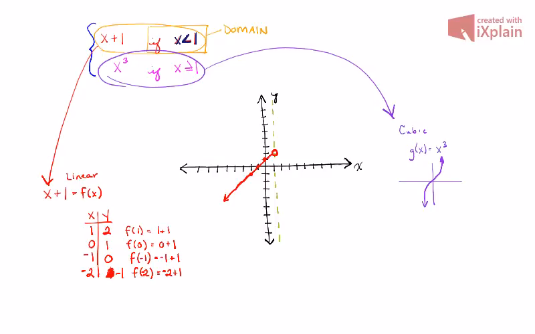So basically, I have to start at 1 because that is where my domain starts. All right, and again, that's why I have that green line kind of dividing it down. Now I'm saying that my cubic function can start existing once we get to a domain of x is equal to 1 or bigger. So I'm going to use 1, 2, and 3.